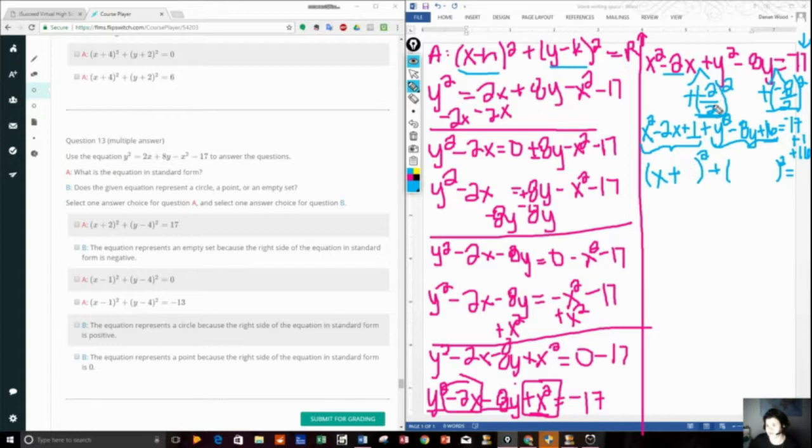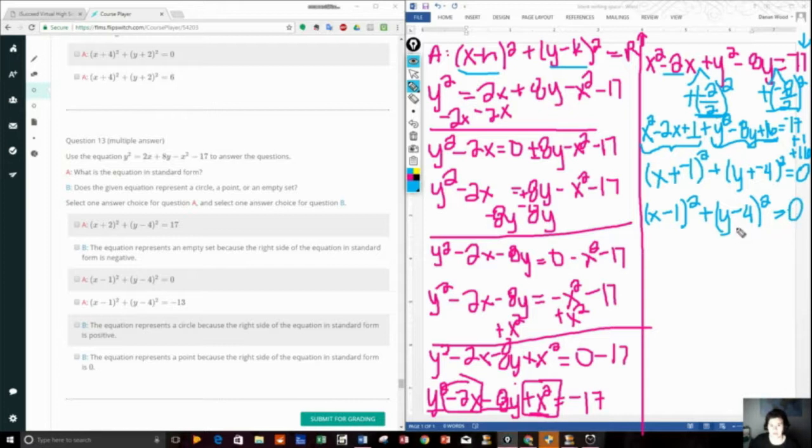What is minus 2 divided by 2? It is minus 1. And then we have y plus b halves, which was minus 8 divided by 2, which was minus 4. And then minus 17 plus 1 is minus 16, plus 16 is 0. So we have x minus 1 squared plus y minus 4 squared is equal to 0.